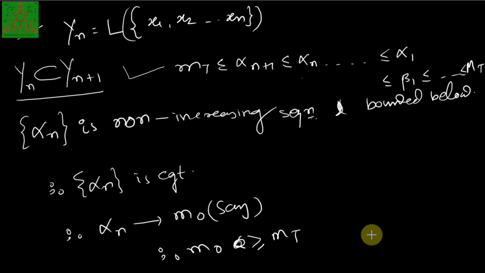That means our objective is to prove m0 is less than or equal to small mt. Suppose not, this is not possible.